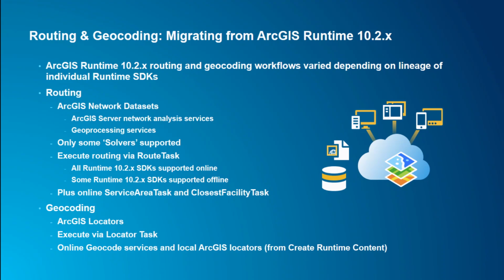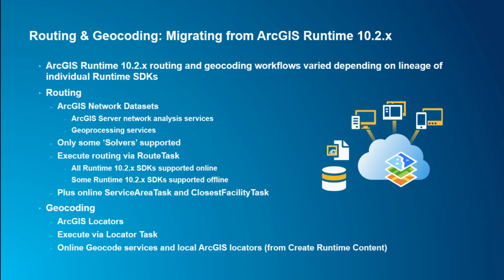In 10.2x, the concept of network datasets from ArcGIS and locators continued, so we supported routing based on those network datasets. We supported the ArcGIS Server network analysis services, so there's some specific ArcGIS Server optimized services for service area, closest facility, and route.